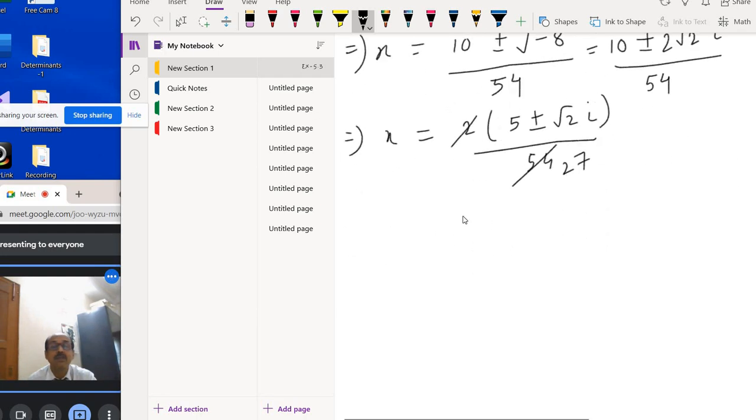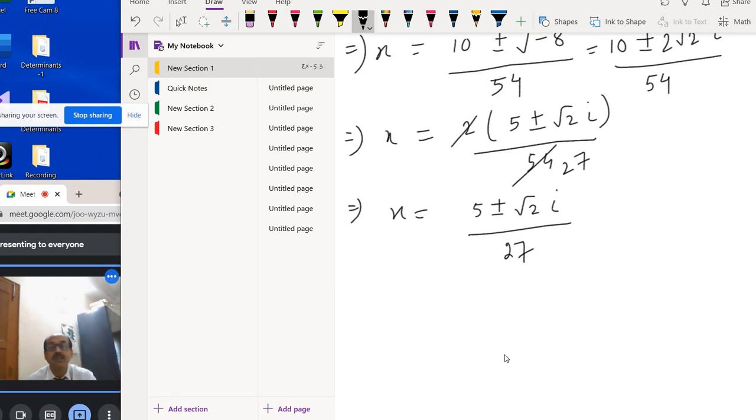Okay, so this equal to x equal to 5 plus minus root 2 i divided by 27.